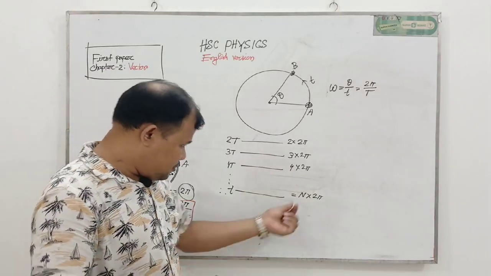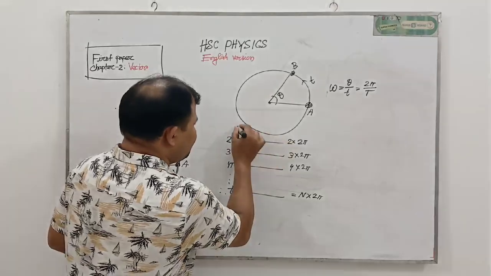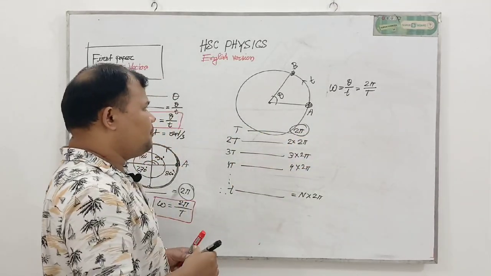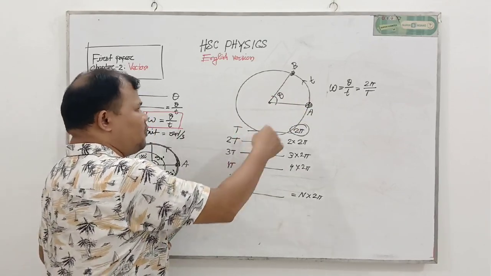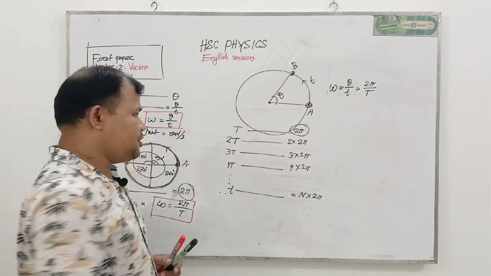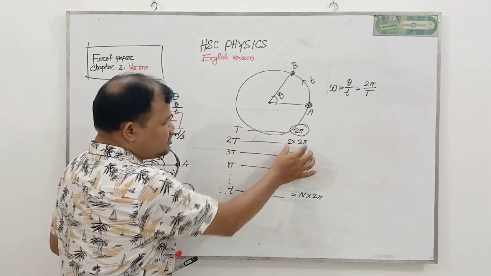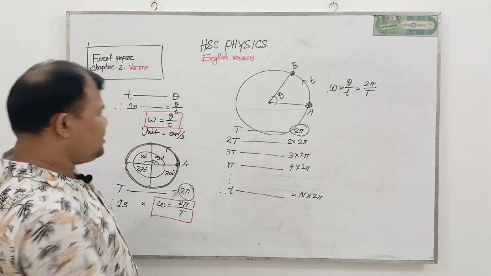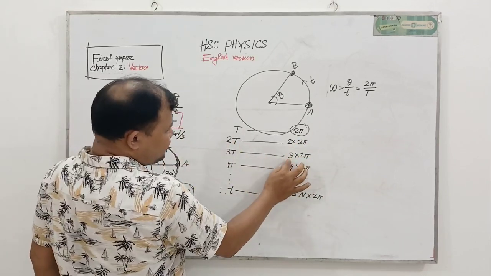For one rotation the angular displacement will be 2 pi, and the time is T. For 2 rotations the time is 2T, and the angular displacement will be 2 into 2 pi. For 3 rotations, the angular displacement will be 3 into 2 pi.